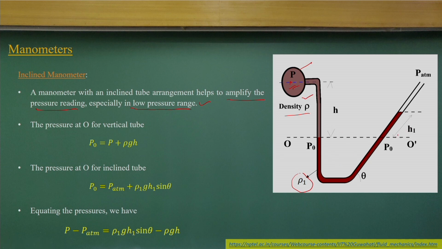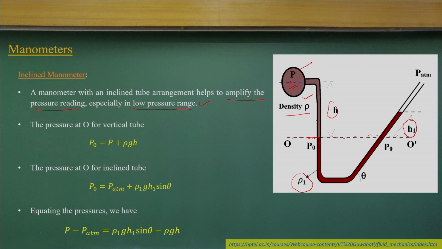Because of these pressures, we get H1 as the inclined distance along this direction, and H is the distance from this point P to the interface between the manometric liquid and the carrying liquid. In that condition, again I have to equate the pressures.